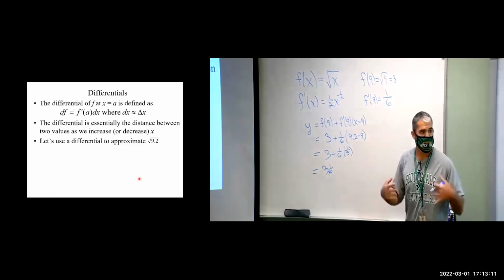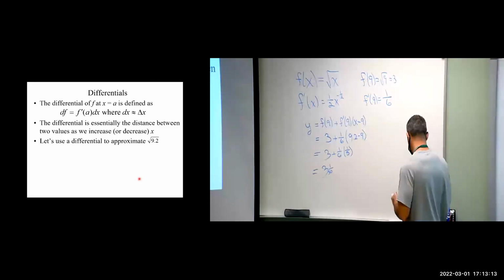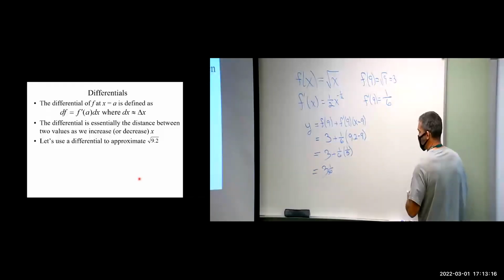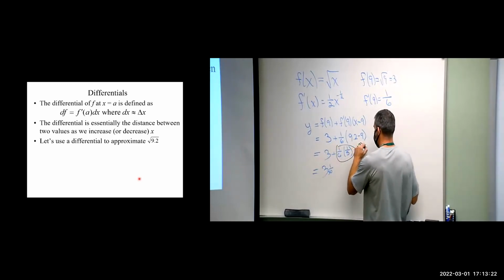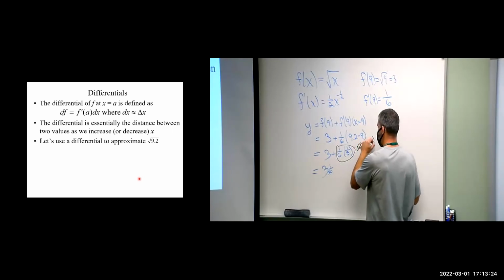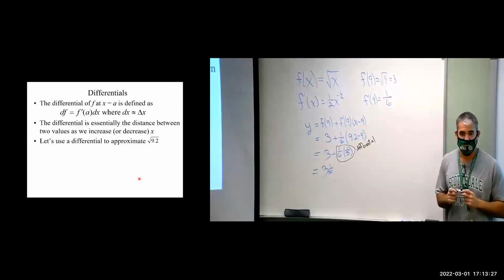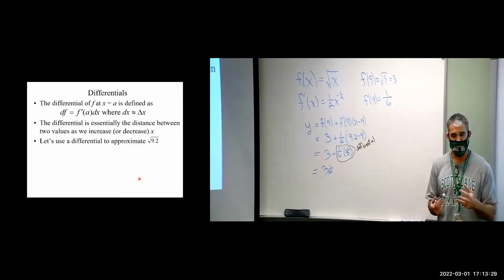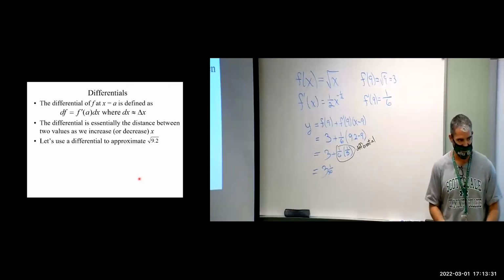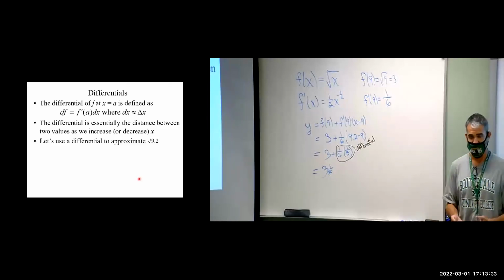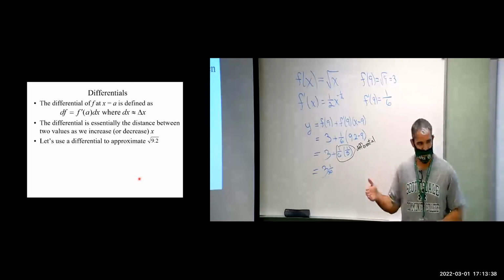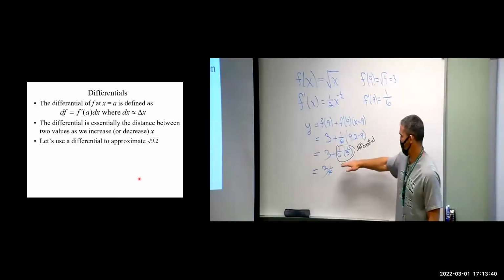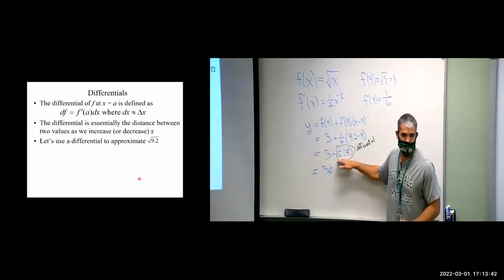Here's the way a differential works. The differential is specifically this part here. That's the differential. The differential talks about how much we change by. So the differential says, hey, if I increase my input from 9 to 9.2, then I'd expect my output to go up by about 1/30.